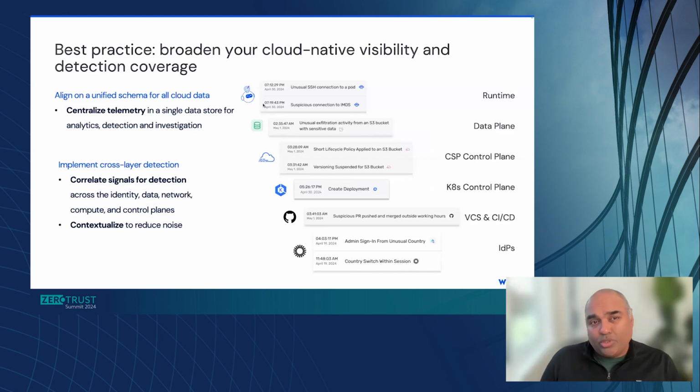Additionally, teams might also choose to have another layer of protection by deploying a sensor that's able to detect malicious runtime behavior on the endpoints. Here, not only are teams able to capture these runtime signals, they're able to correlate them across different planes, whether it's your container Kubernetes, your cloud service provider plane, your data plane, or your runtime plane, and really contextualize the risk at play to get into the details of what actually happened.